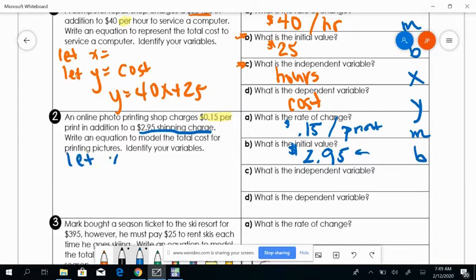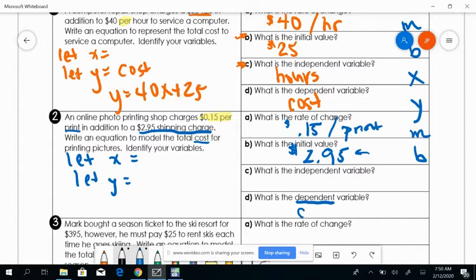So let's do the same thing that we did up top. We'll let x equal something, and then we'll let y equal something. And then it says we want to write an equation to model the total cost for printing pictures. Identify your variables. So again, I think dependent's kind of the easier one to find, because you want to think about which variable relies on another variable to change. So my 2 variables here are my number of prints and my total cost. Now my total cost is going to change based on how many prints I have.